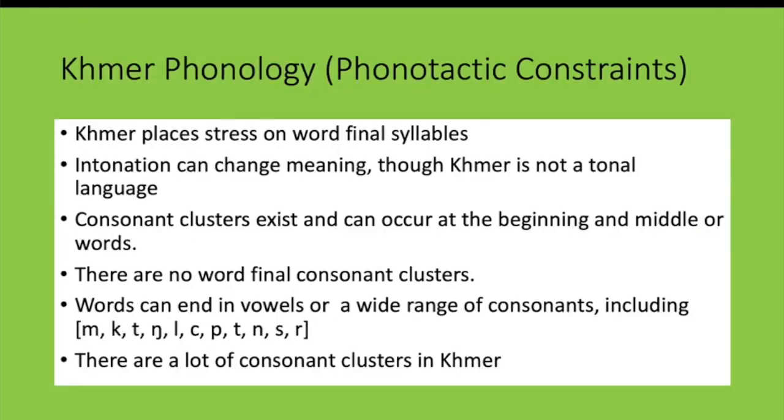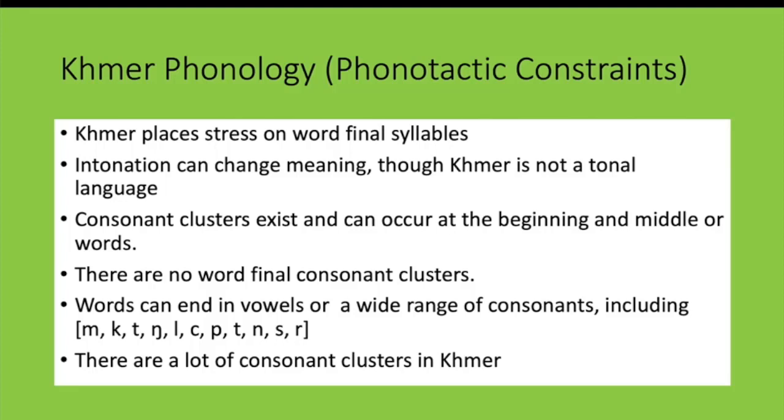We also want to look at phonotactic constraints, things like where does the stress fall on words. Here we know that intonation can change meaning in Khmer. It's not a tonal language though. Consonant clusters can exist at the beginning of words and in the middle of words, but not at the ends of words.